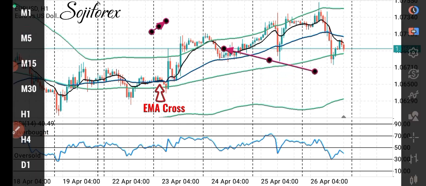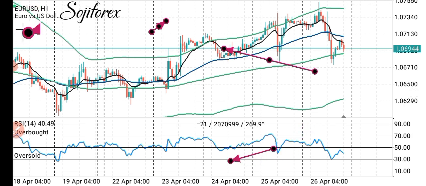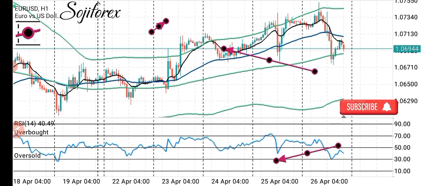And at the same time, you were told that whenever the indicator in the indicator window is at the 70 or 90 region, it is overbought, and when it is around 30 to 10, it's an oversold region.